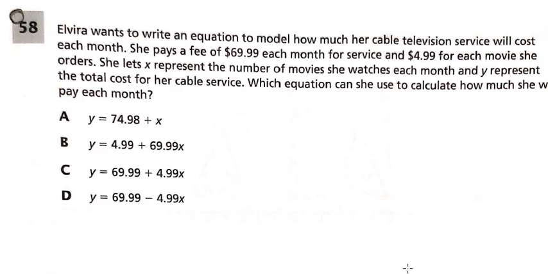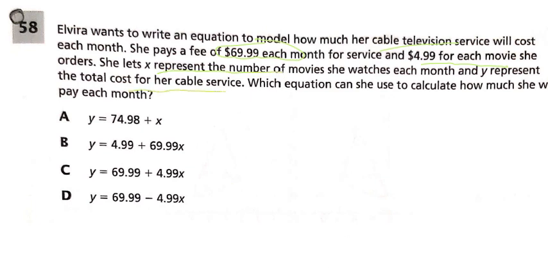All right, on this one, you just have to read, and this one's asking us to think about how much her cable television service is going to cost. So it says she pays this fee each month and then this amount for each movie she orders. So X represents the amount of movies she orders and Y represents the total cost each month.